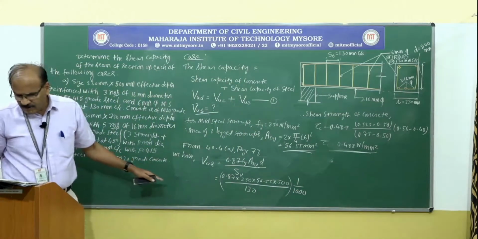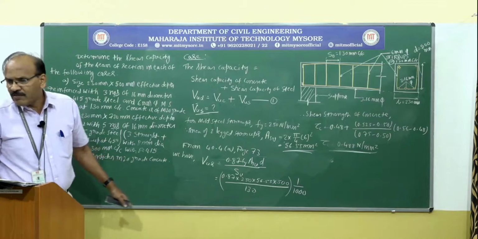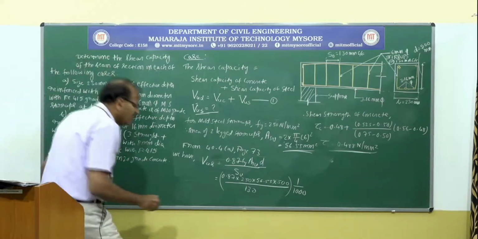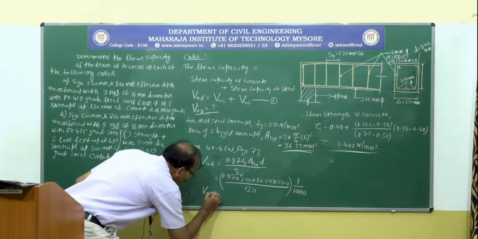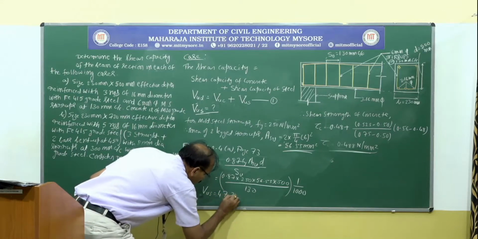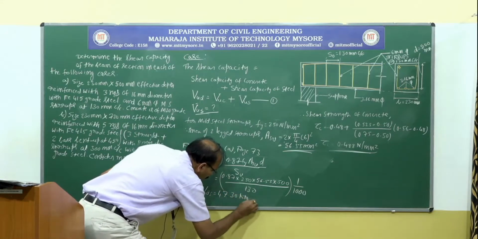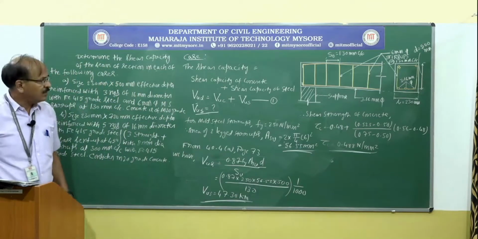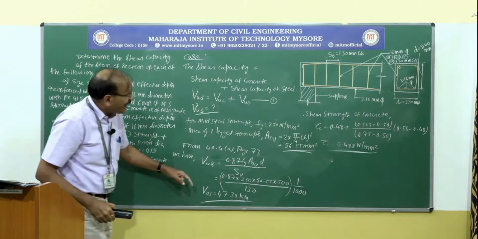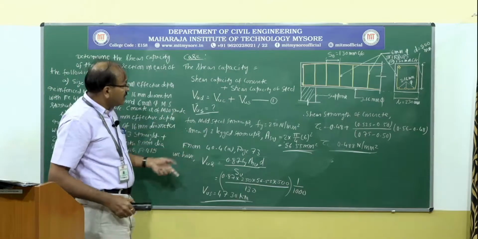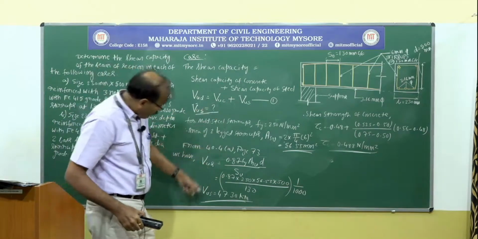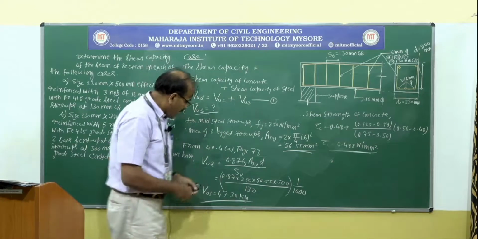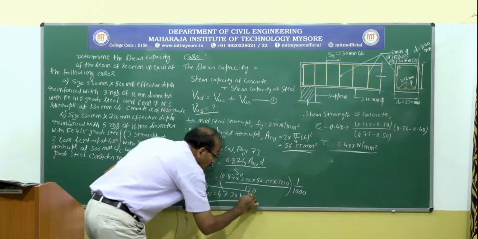So, I am going to get VUS equal to 47.30 kilonewton.